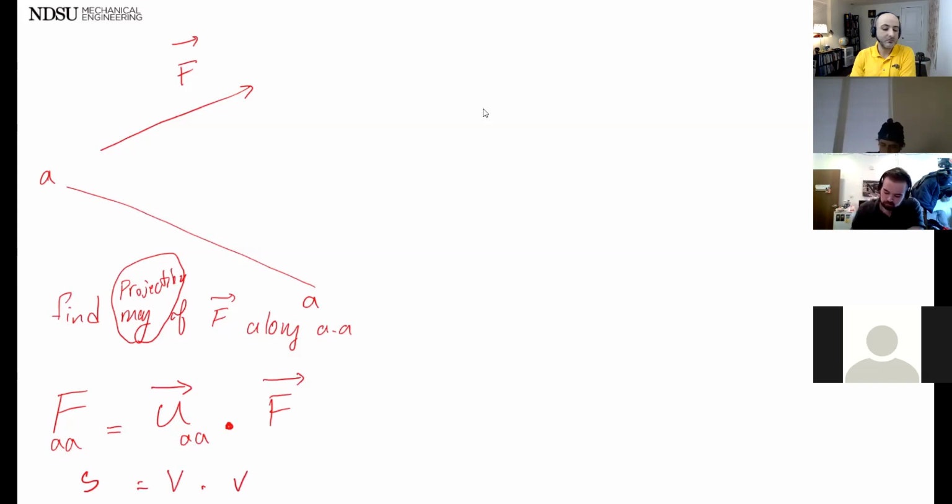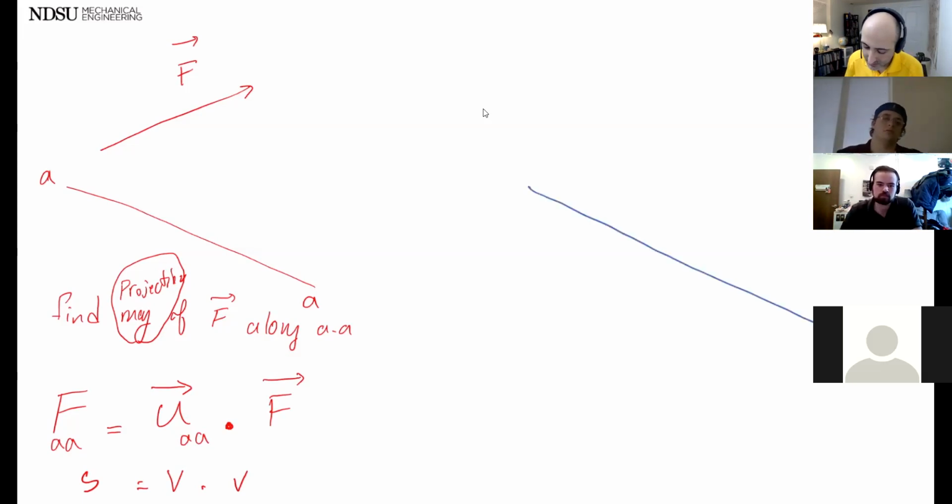Makes sense. Magnitude of projection of F. So now in this chapter, what you've got to do is the exact same thing. Just change the letter F to letter M. That's it.